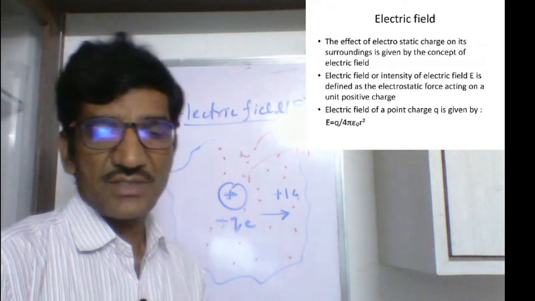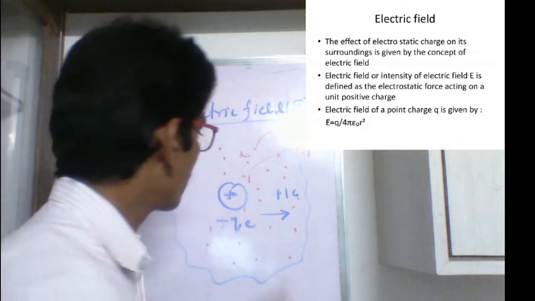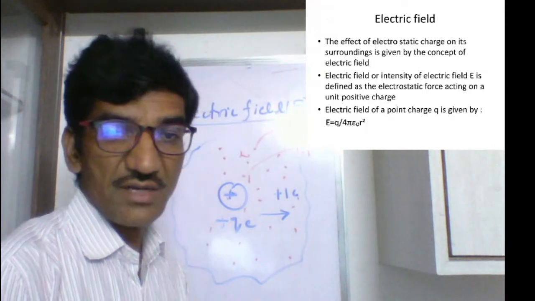What is the formula for the electric field of this external point charge?